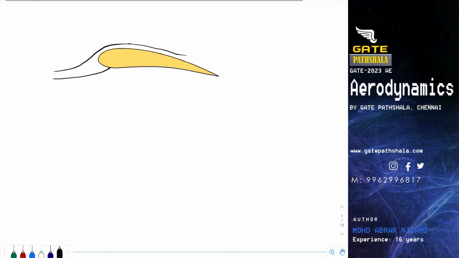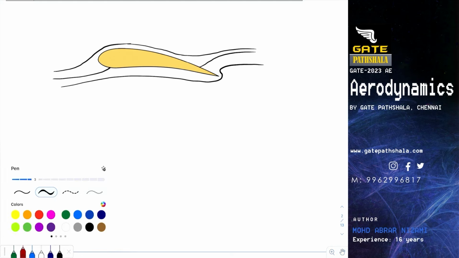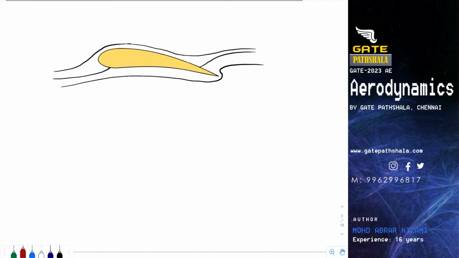Okay. So in such a scenario, the flow will curl like this at the trailing edge and leaves. So this is the case if we impart the circulation gamma small.